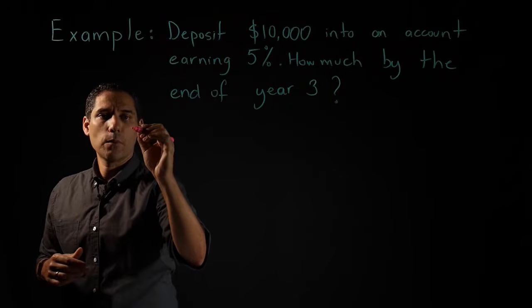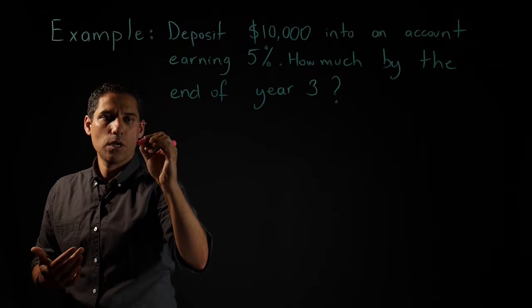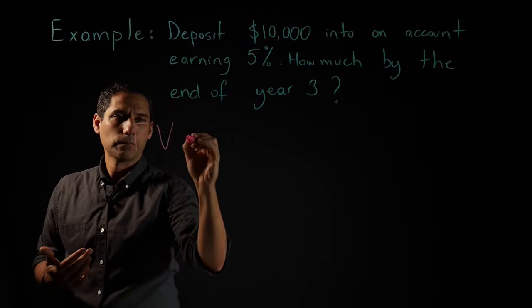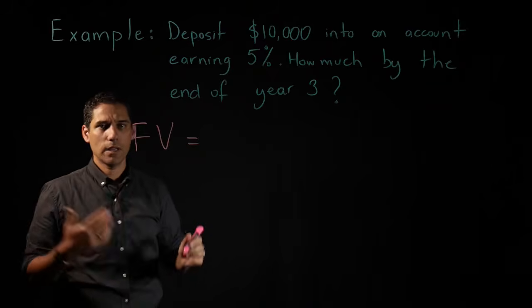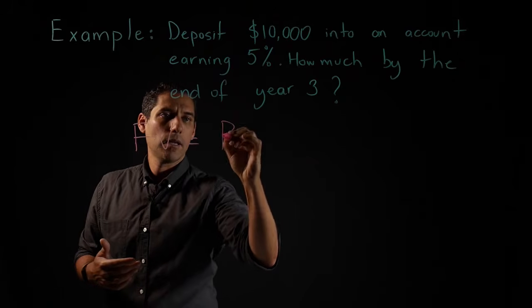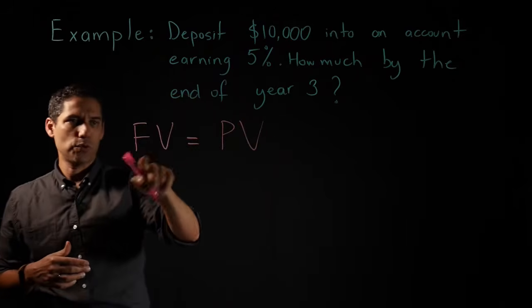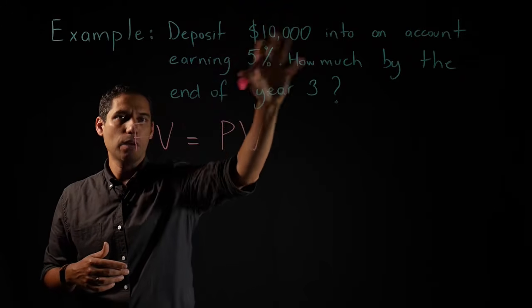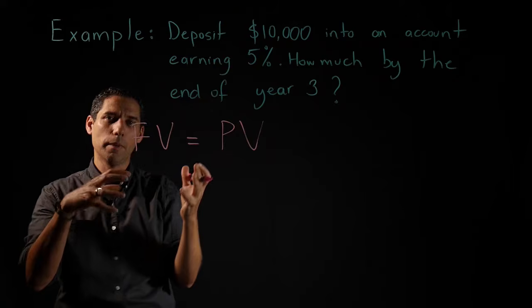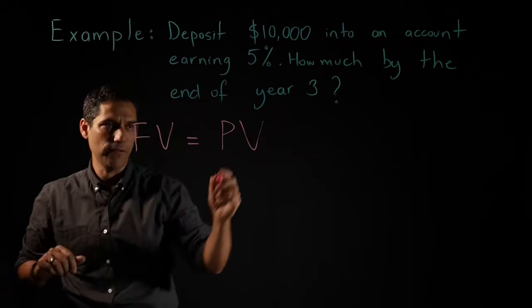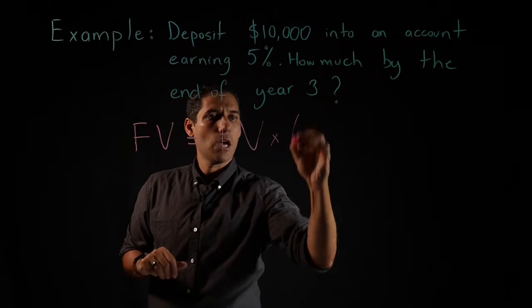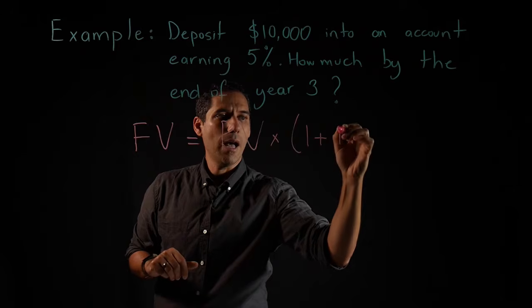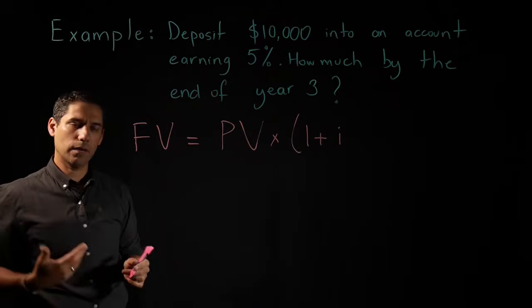So we know when we have single cash flows, the future value of a single cash flow is given by PV, present value. So future value equals present value. Present value here is the amount that we are depositing, right? The earlier amount is the PV, the later amount is the FV, times 1 plus I, that growth rate, right?